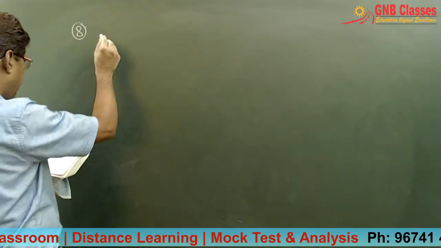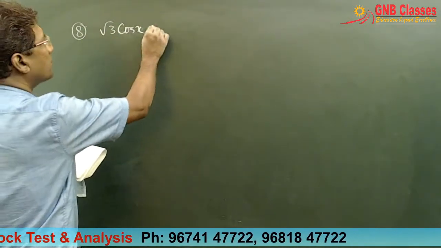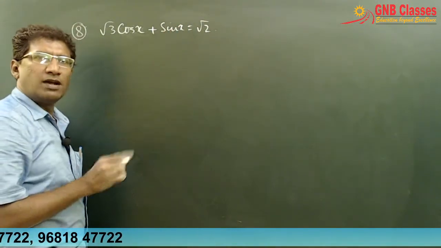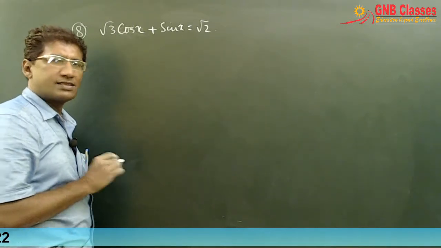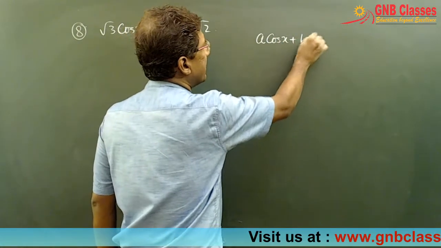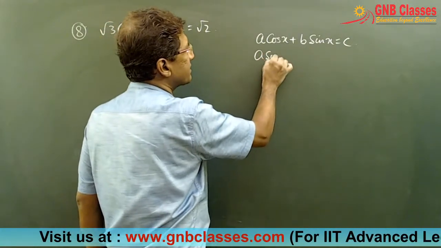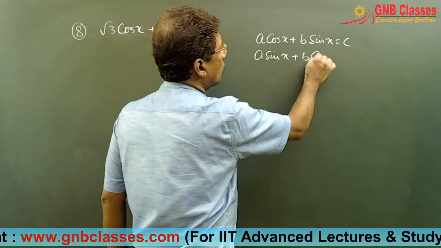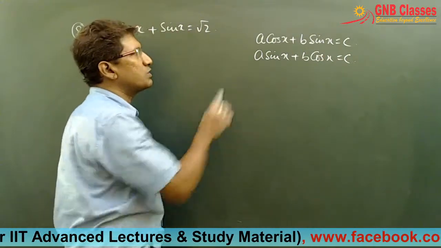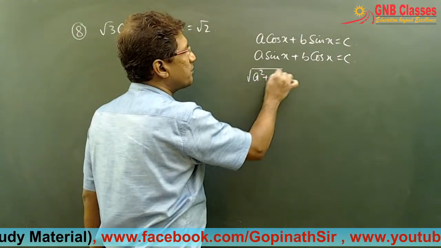Solve for x: root 3 cos x plus sin x equals root 2. Okay. Now, whenever you get a question like this, which is in the form of a cos x plus b sin x equals c, or it can be a sin x plus b cos x equals c, all we do is we divide both sides by root over of a square plus b square.